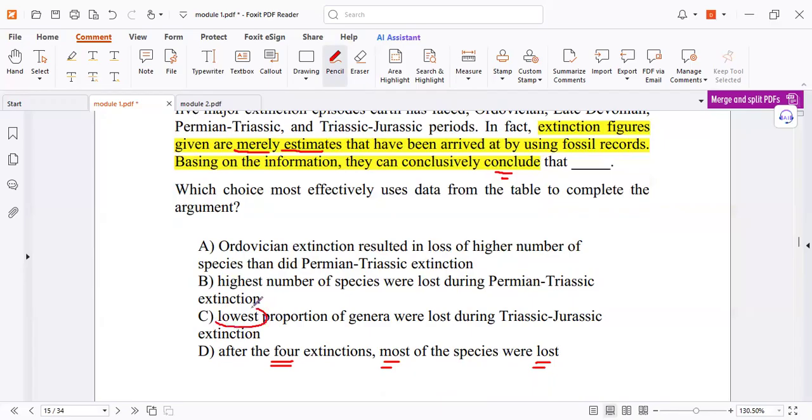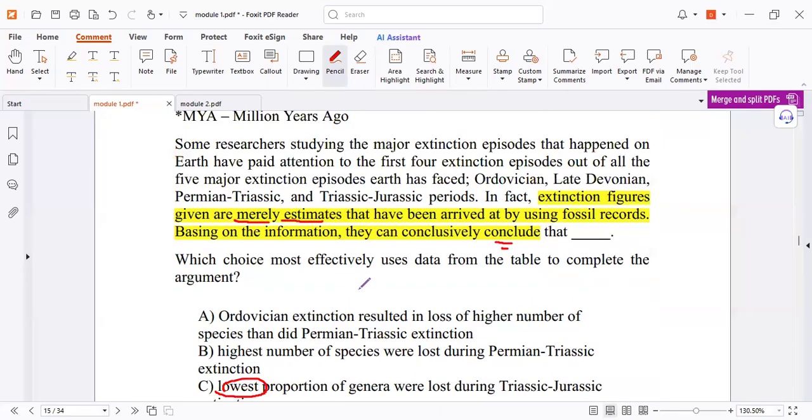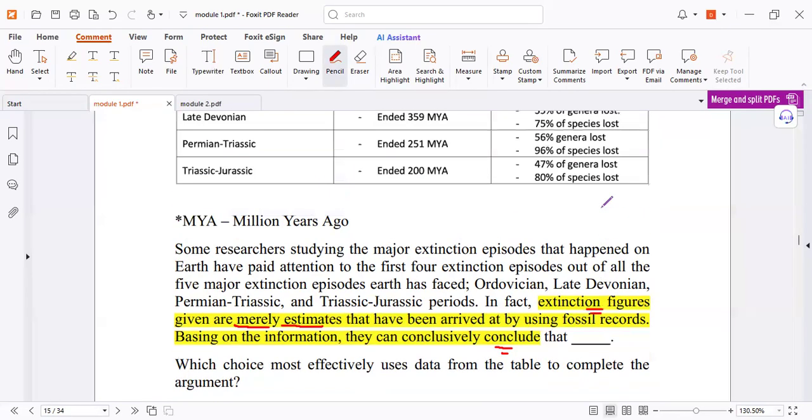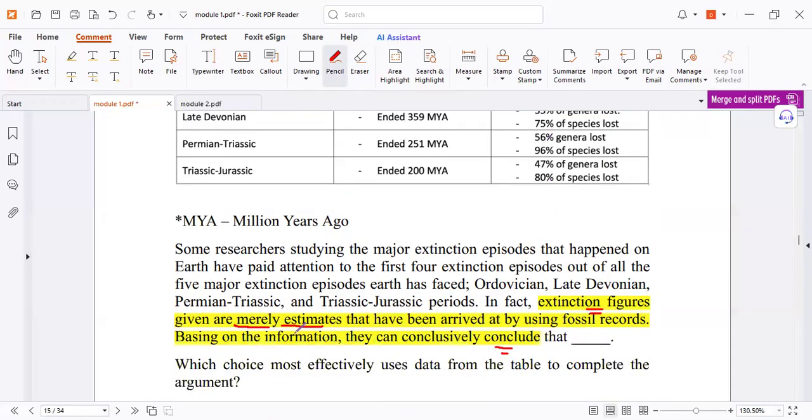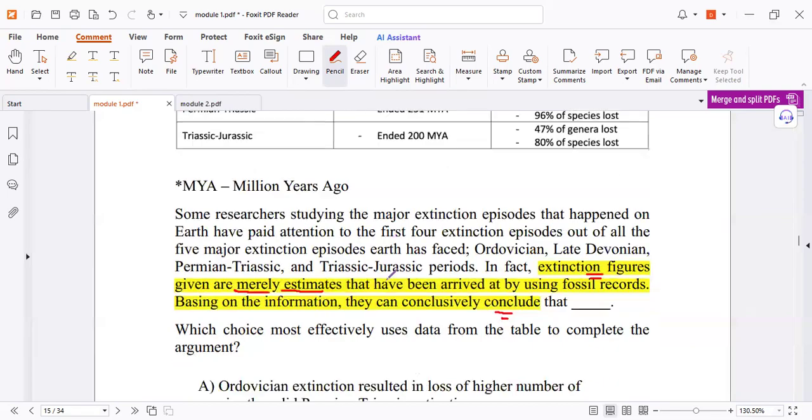But look here, lowest. How lowest? He said estimates have been arrived at by using fossil records, and he said here extinction figures. Look for the trap. Big numbers lost. And he said this is mere, which means at least. That means when we conclude, it is more than that. So how can we say lowest?